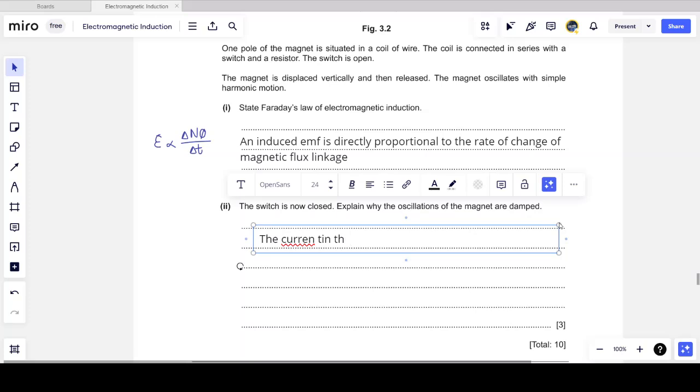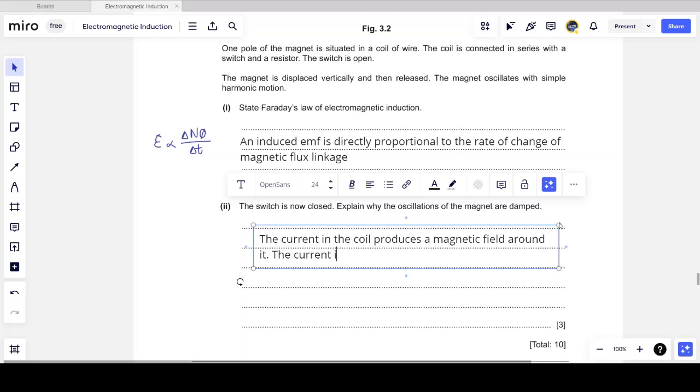And the current in the coil will produce a magnetic field around the coil. So we know that the current in the coil will induce its own magnetic field. And this magnetic field will obviously exist around the coils of the wire. So I can simply say the current in the coil produces a magnetic field around it.